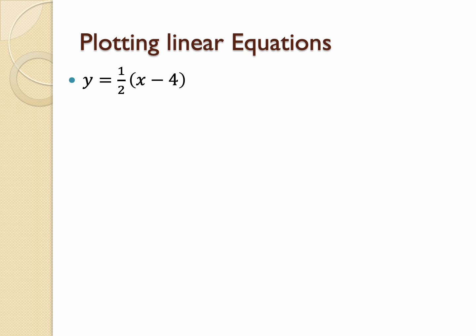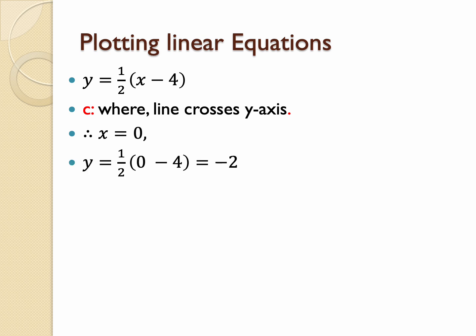Since the y-intercept appears on the y-axis, it is easy to see that the x-coordinate will have to be 0, as before. So we set x equals 0 in the equation at the top of the slide to work out the y-intercept. When we do that, y turns out to be minus 2.